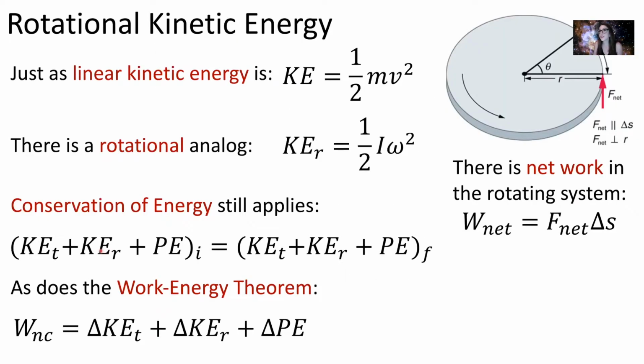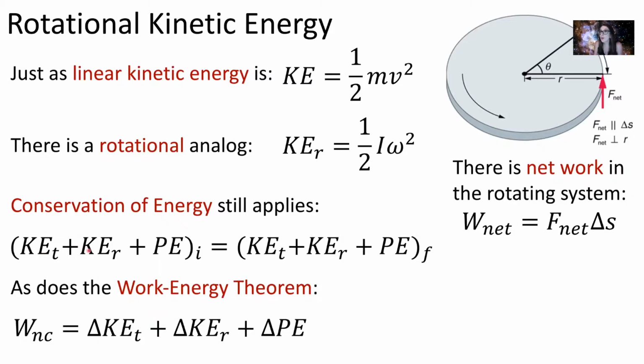So conservation of energy still applies even in a rotating system. So imagine you have a ball that's rolling down an incline, okay? It has this linear kinetic energy, which sometimes you'll see as sub T for translational kinetic energy. It's the same thing, 1/2 mv squared. V is our linear speed.